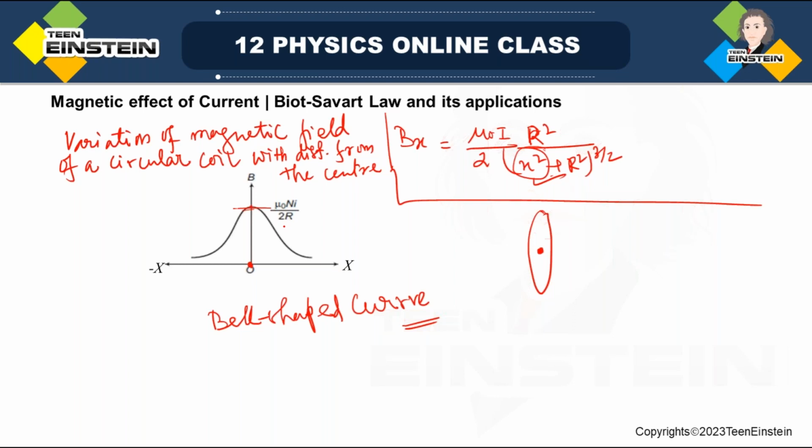That is the maximum value at the center. Then on either side of the center, the magnetic field decays. So this is about the variation of the magnetic field created by a circular loop.